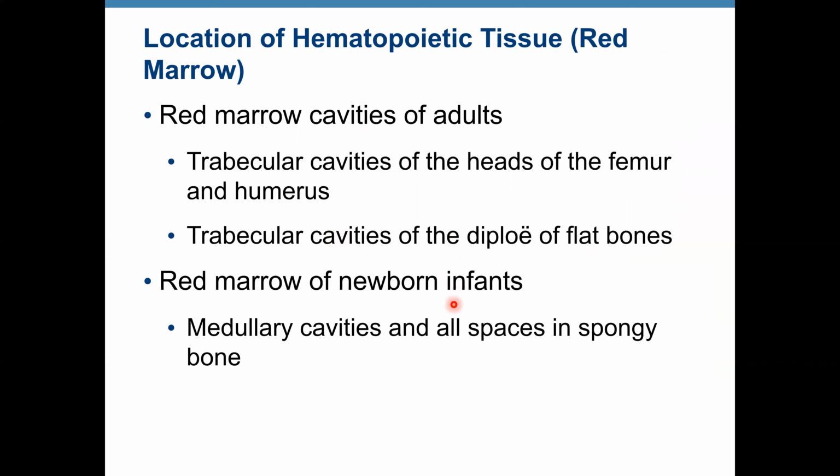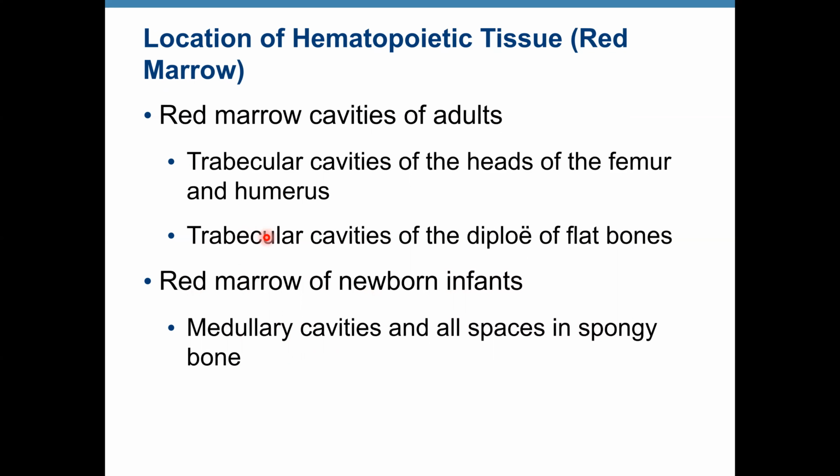And in infants, the medullary cavity and all spaces in the spongy bone, this is where blood cells are formed, right? So when we are very young, when we are infants, we have red bone marrow pretty much everywhere. All the cavities inside the bones, all medullary cavities, contain red bone marrow.